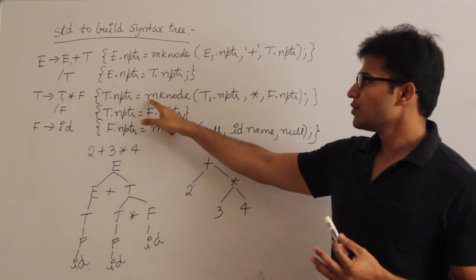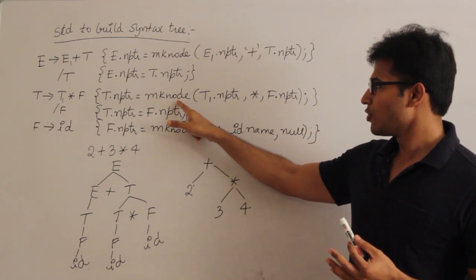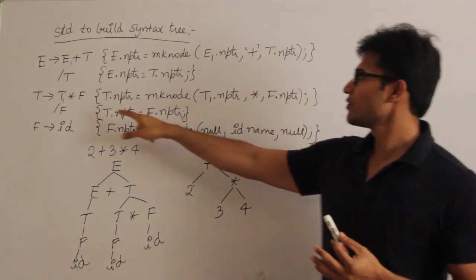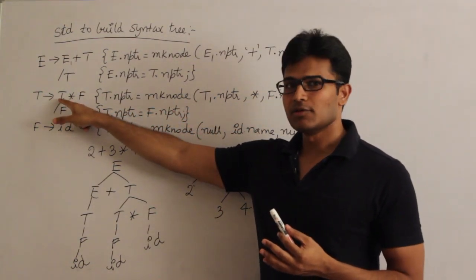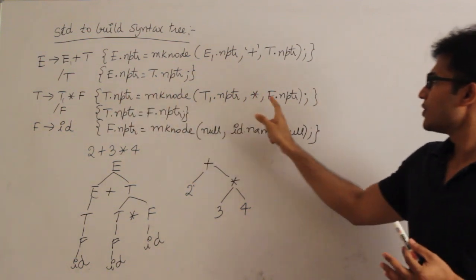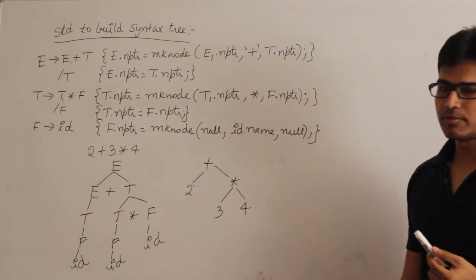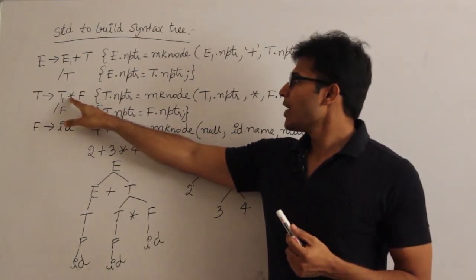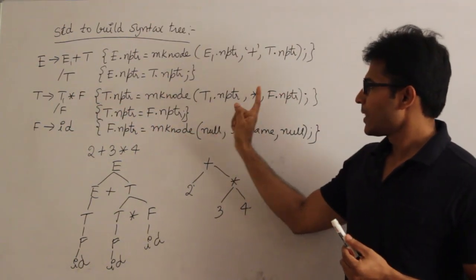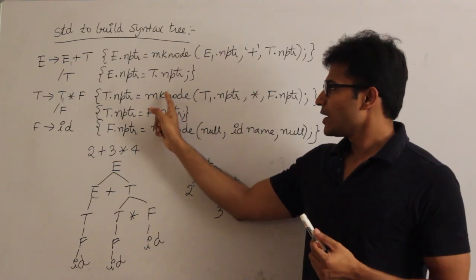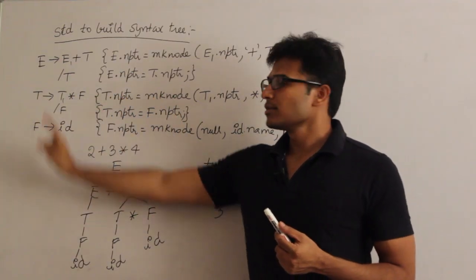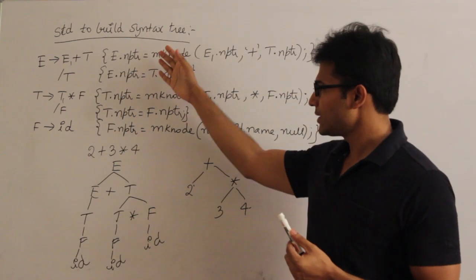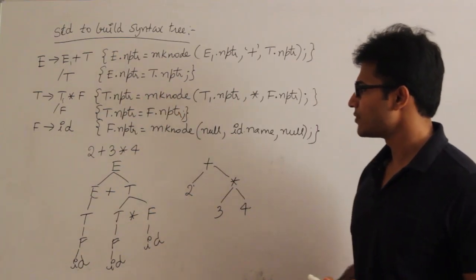Here it is doing the same. We are going to make a node, and the left pointer of the node is whatever is T1's pointer, and the right pointer of the node is whatever is F.nptr, and the value is star. It returns some value, and that value will be stored in T.nptr.